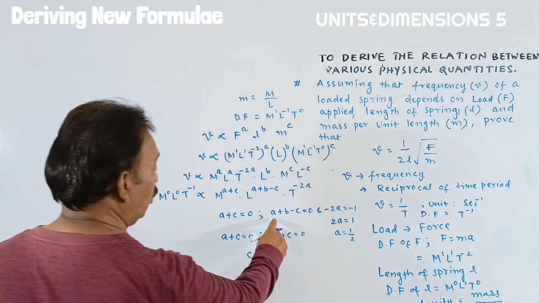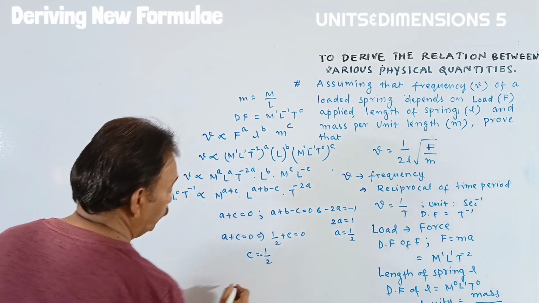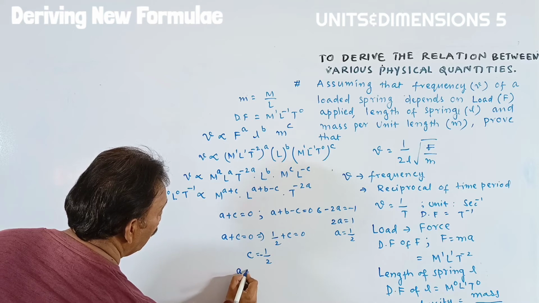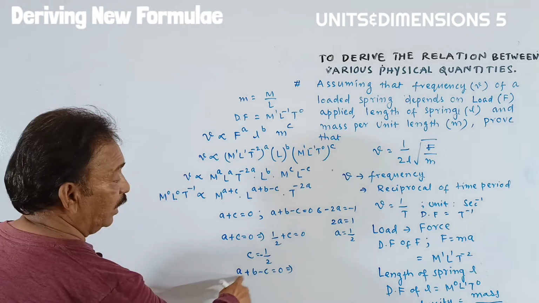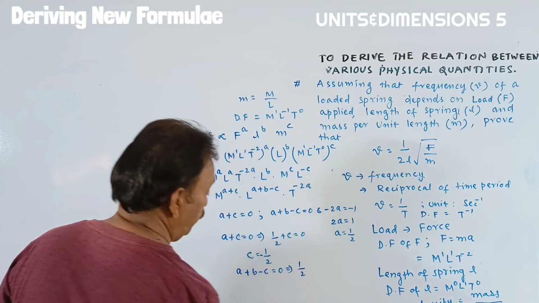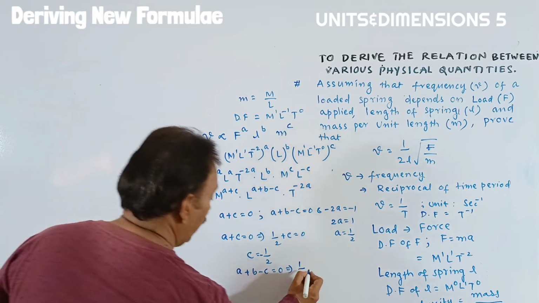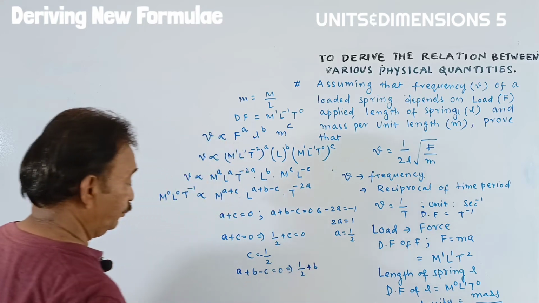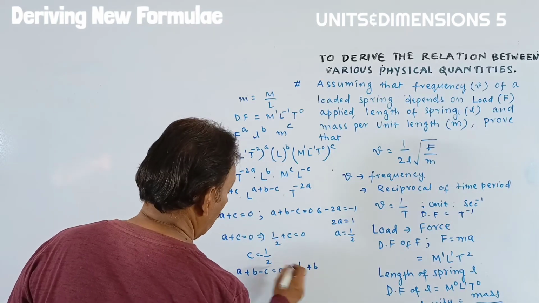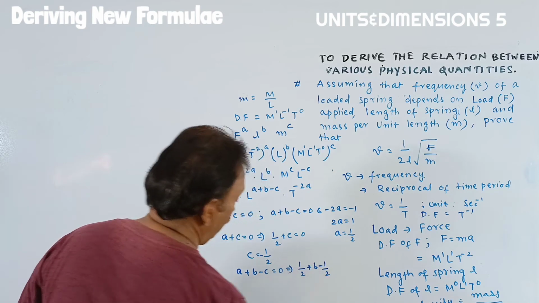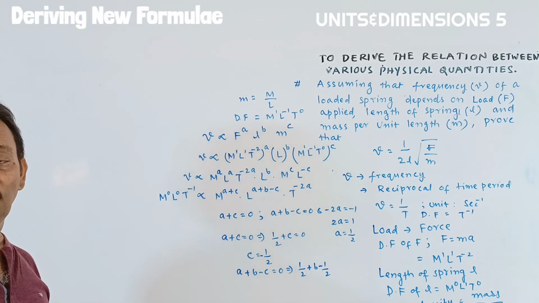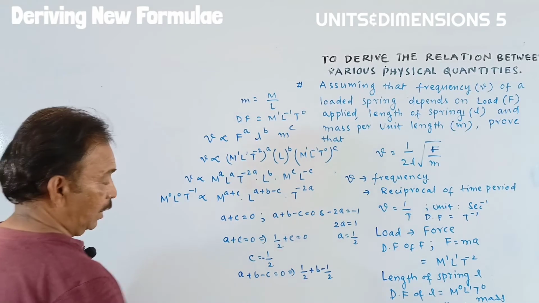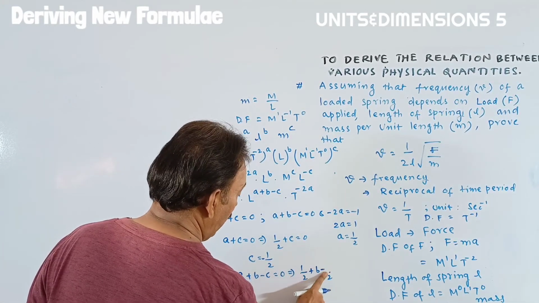Similarly, if you substitute all this in a plus b minus c is equal to 0, you will get the b value. a is equal to 1 by 2, and c is equal to minus half.